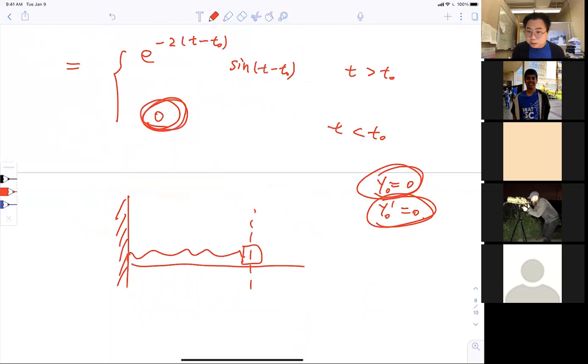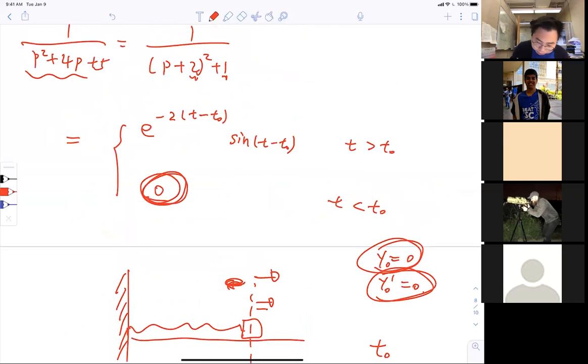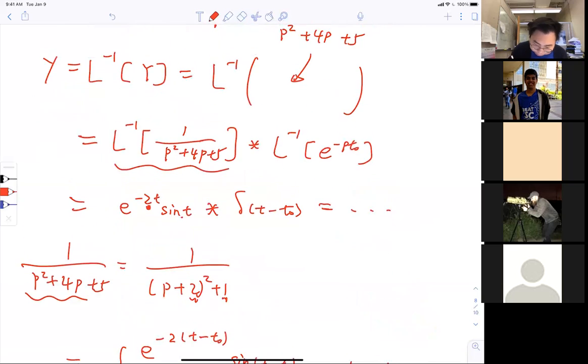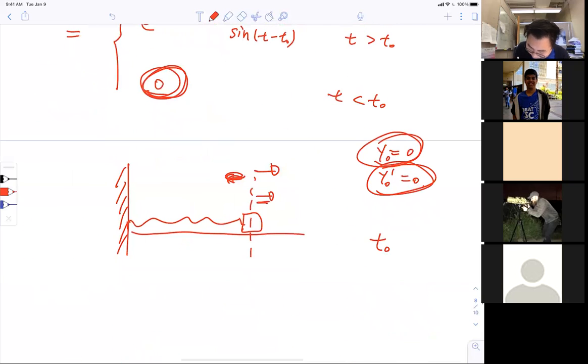So the displacement is 0. But after the time t naught, right at t naught, there is a delta function, so that force, like that function like force, so it will start to move. But because there's a friction, eventually it looks like an oscillation, but gradually the magnitude will decay to 0.